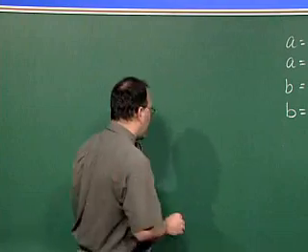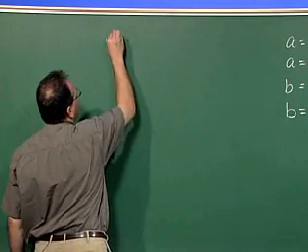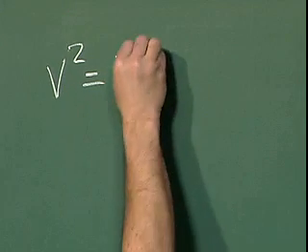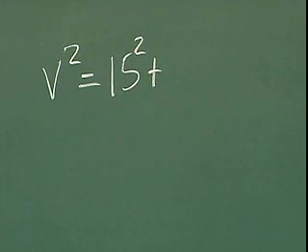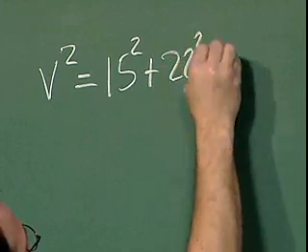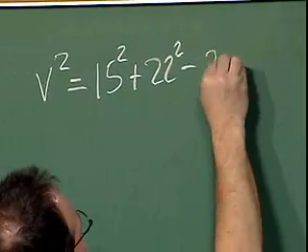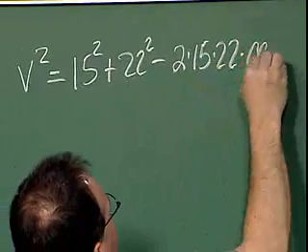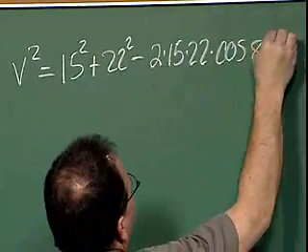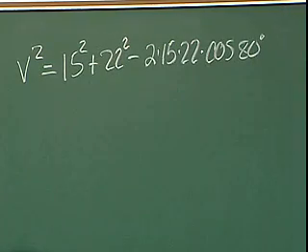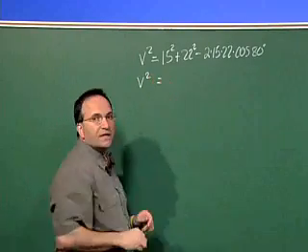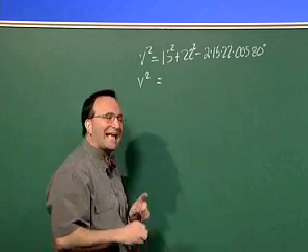The way we set that up is to say that V squared is equal to 15 squared plus 22 squared minus 2 times 15 times 22 times the cosine of the angle between them, 80 degrees. That would give me V squared is equal to 594.